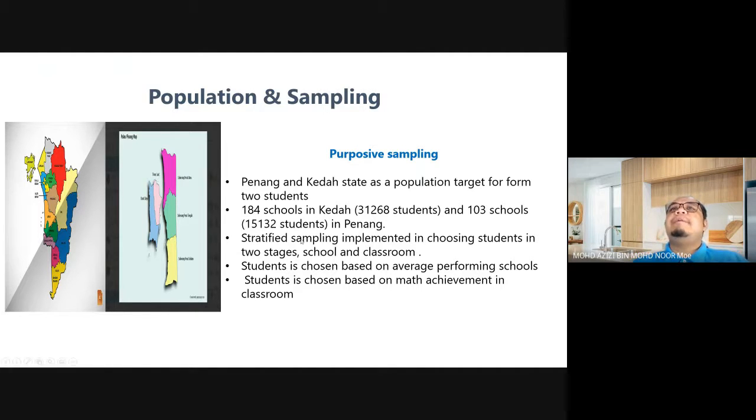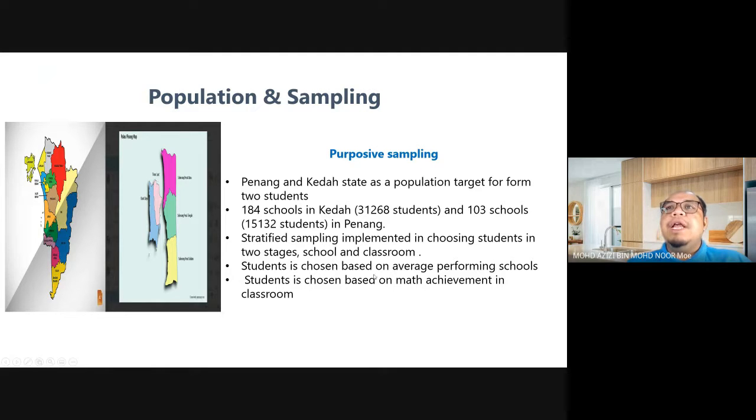Stratified sampling will be implemented where the schools will be chosen based on average performing schools, as determined by the JPN. We need the average score because we can get the range of abilities of the students.